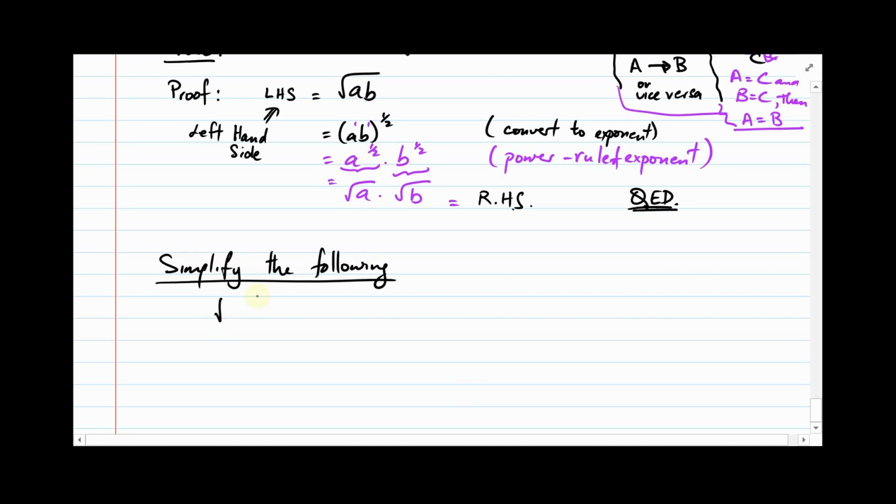If I have a square root of, say, x to the 8th, this is a nice even power. It is just the same as dividing the power by 2 or taking 1/2 of it. So I end up with x to the 4th. However, suppose I don't have a nice even power.